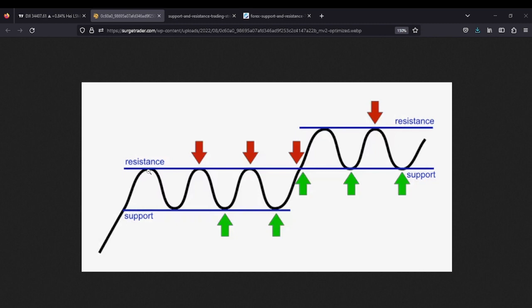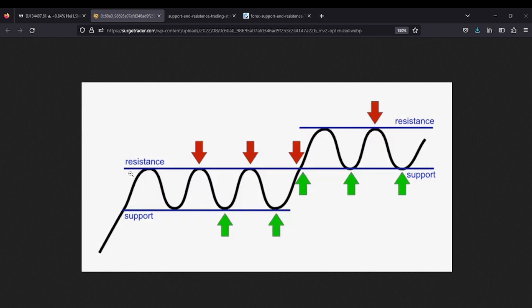Over here, resistance is where it cannot punch through, until at this point, eventually, it actually went through. Once that resistance got broken and the stock went higher, that resistance actually became support. So right here you have a support where every time it came off, the stock bounces off and moved up.